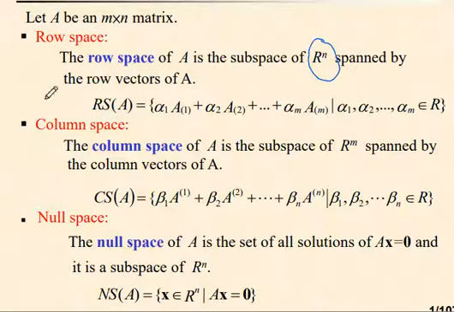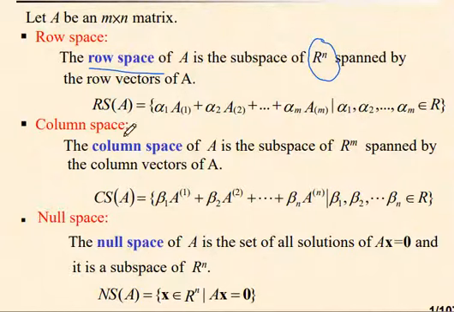This is called the row space of A. This linear combination of rows of A is called the row space. This row space is a subspace of Rn, a vector space.